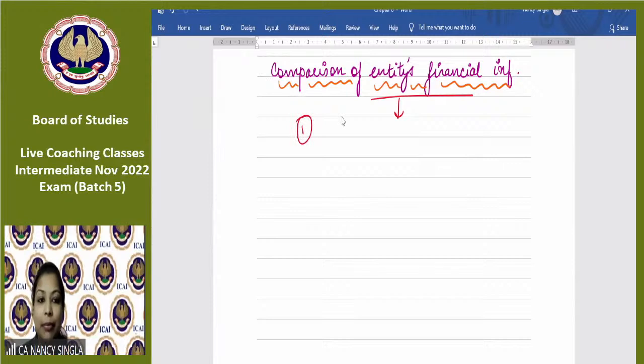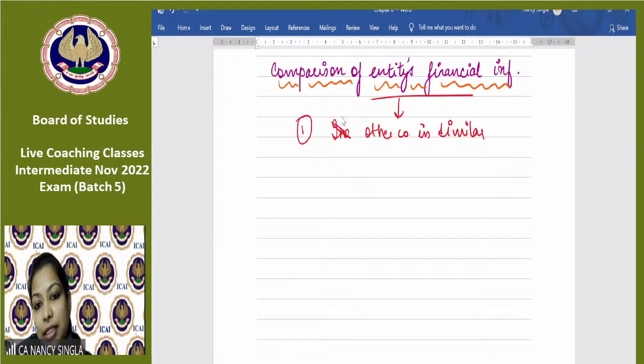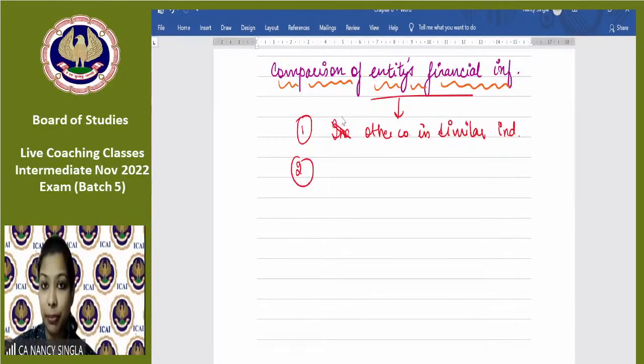First, one example I have given, that auditor may compare the entity's financial information like the 50,000 rent with the other companies in the similar industry. What all other comparisons can be there? Okay. So, it can be what? Comparison of entities' financial information for the period under audit with prior period.